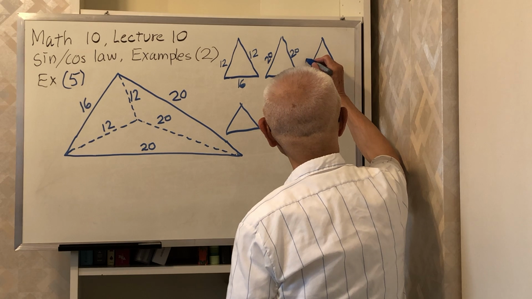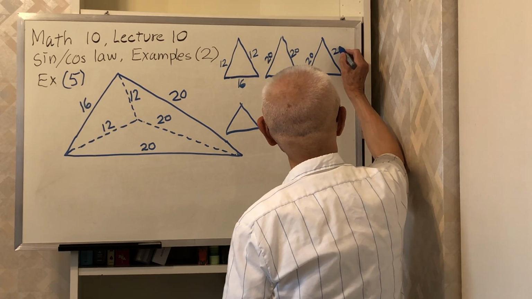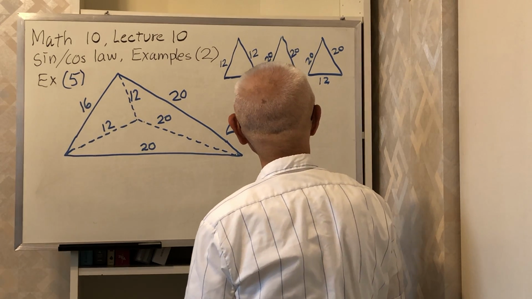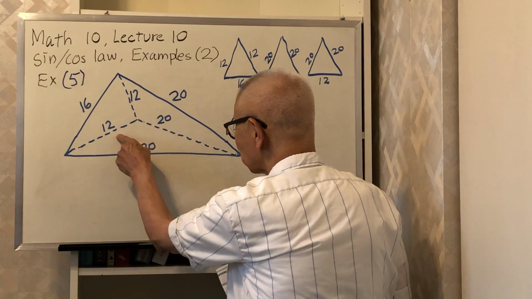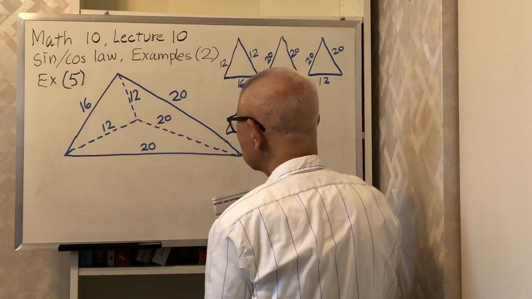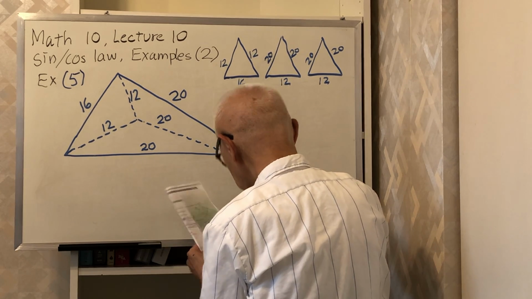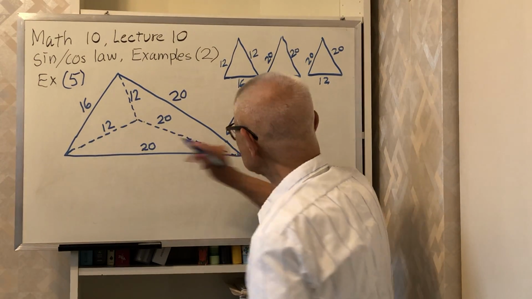And you have two identical ones, 20, 20, 12. Two triangles identical, 20, 20, 12. And you have one more, which is 20, 20, 16.